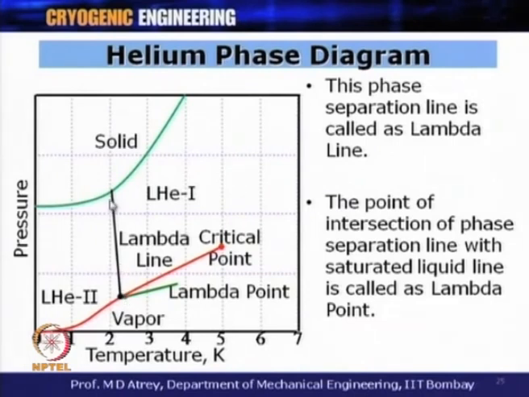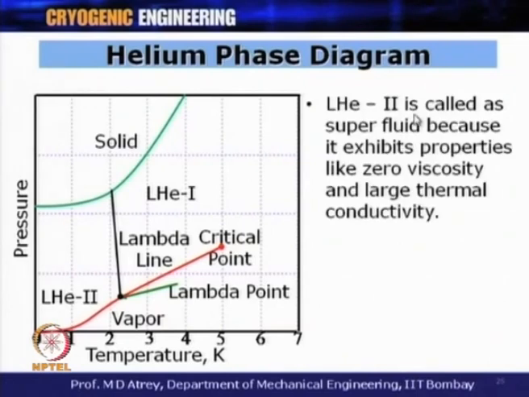The line which divides helium 1 and helium 2 is the lambda line, and the point where this intersects the saturated vapor line is the lambda point. This is very important to understand, and a cryogenic engineer is expected to draw this diagram immediately.